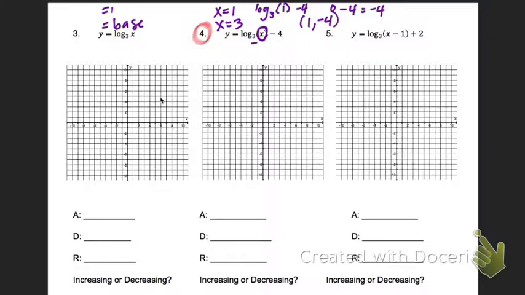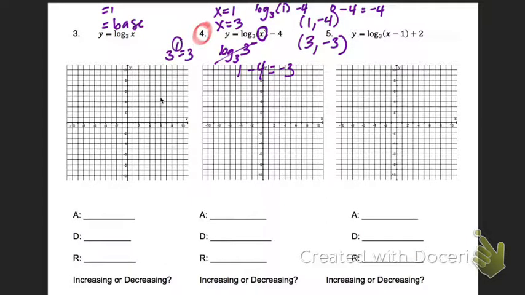The second thing that I plug in, guys, stay with me, we're almost done. When I plug in x equals 3, log base 3 of 3 cancels out and just becomes 1. 1 minus 4 is negative 3. Because it's like saying 3 to the first power equals 3.